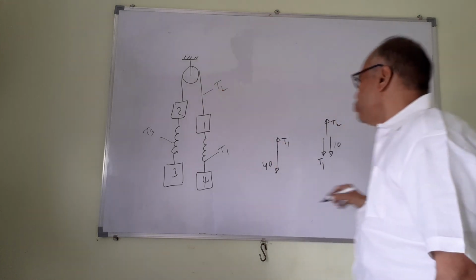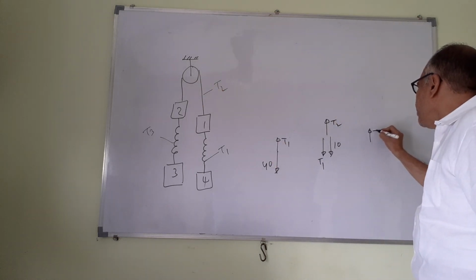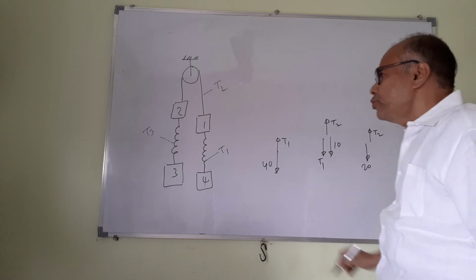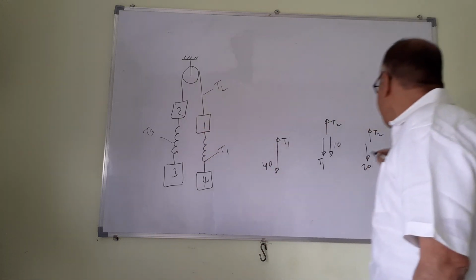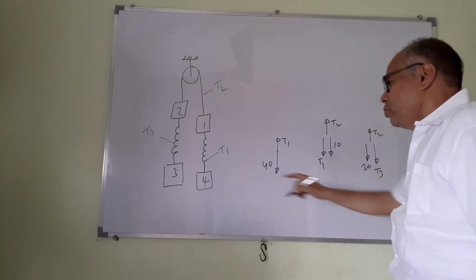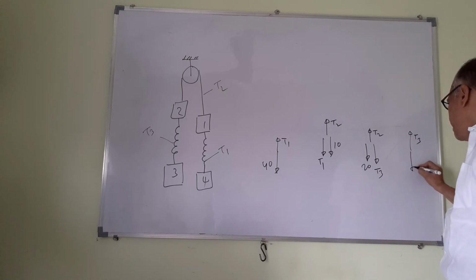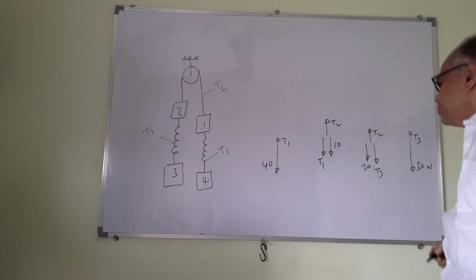If you come here to the 2 kg block, you will have T2 upward, 20 newton downward, T3 downward, pull. For the 3 kg, you will have T3 upwards and 30 newton downwards.